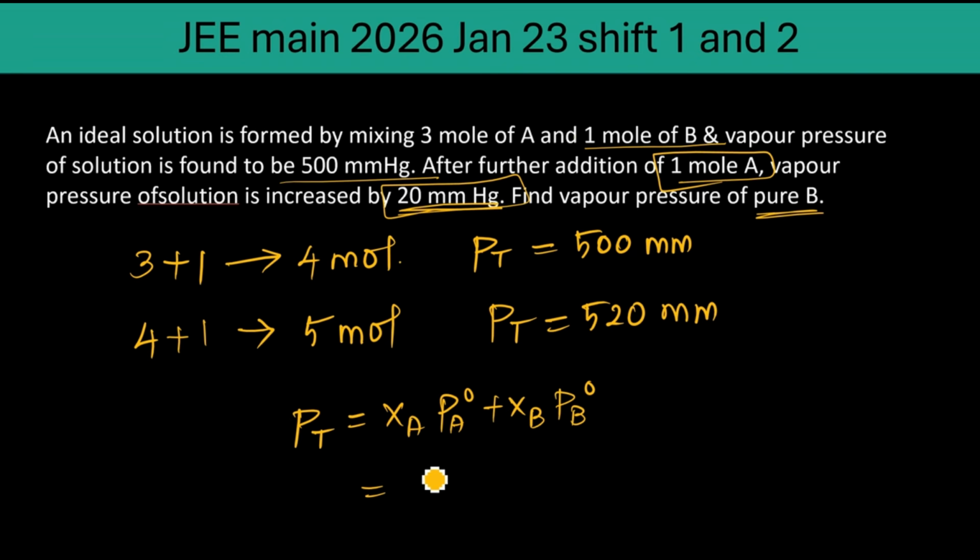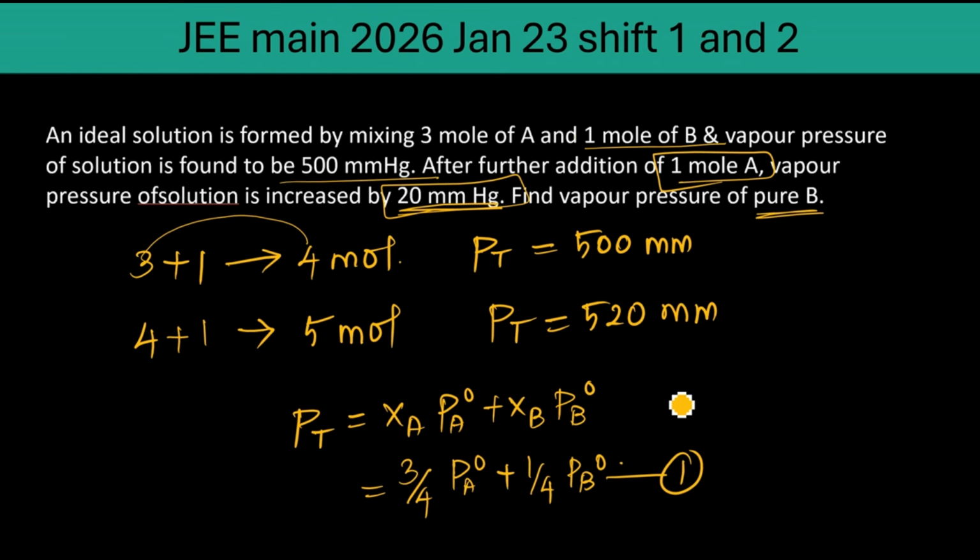Chi A will be 3 by 4, and chi B is 1 by 4. So this is our first equation.